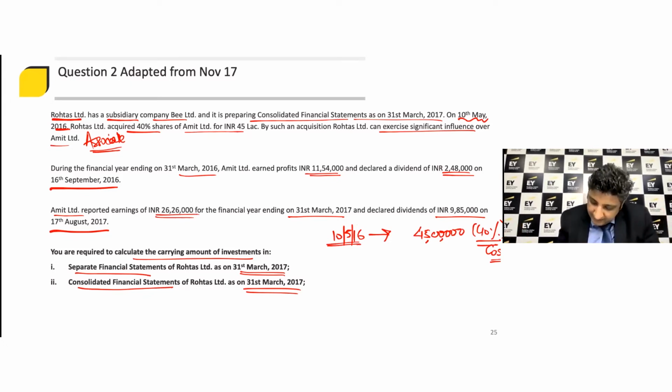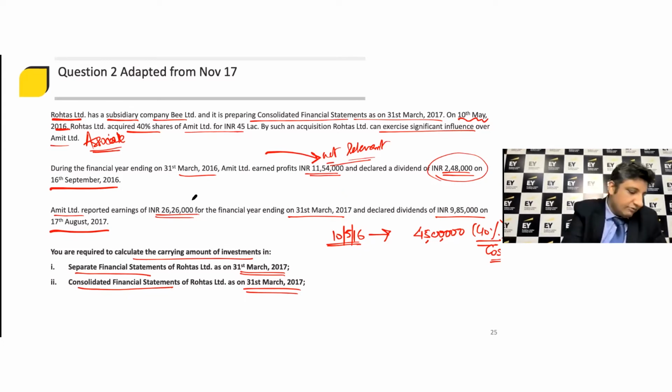But during that year, there's a profit which was already earned. So that's not relevant, since it is pre-acquisition. It says that there's a dividend of 2,48,000 rupees, which is declared. So 248,000 into 0.4 gives 99,200.